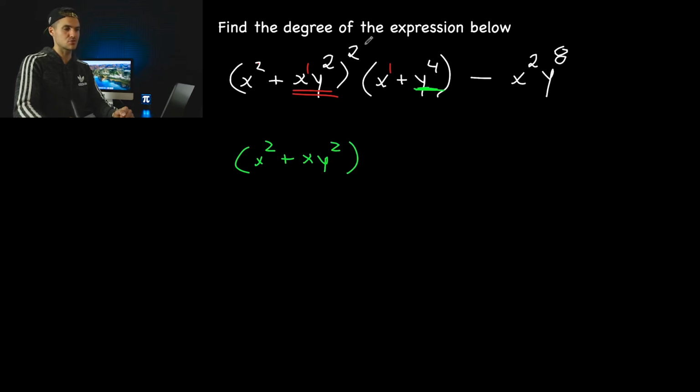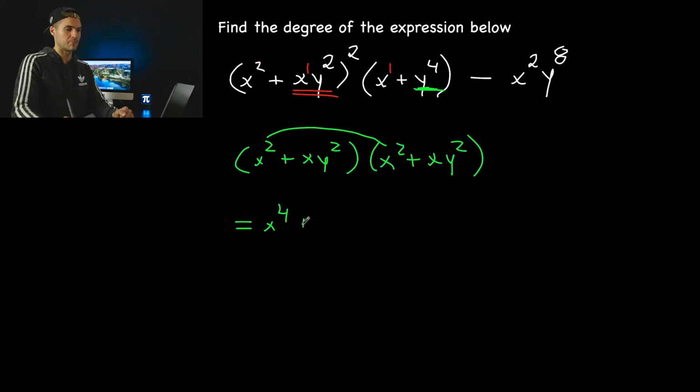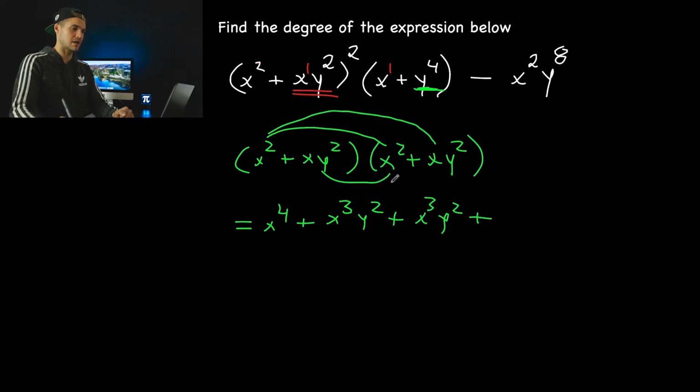So notice that there's two terms here. Let's write x squared plus x y squared times x squared plus x y squared. And if we FOIL this out, we'll have x to the 4 plus x squared times x y squared, which gives x cubed y squared, plus the same thing here, x cubed y squared, plus this and this multiplied, which is x squared y to the 4.